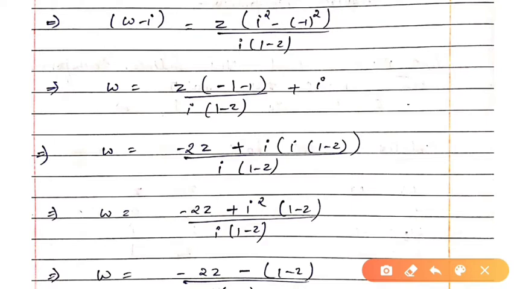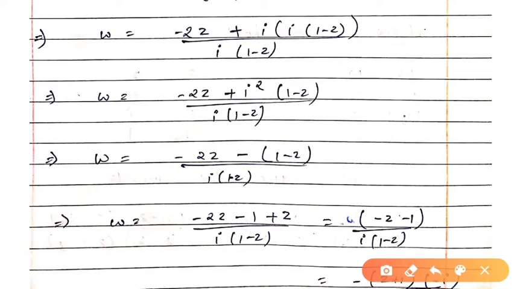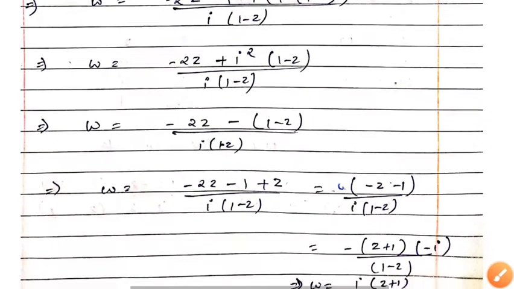Now this minus 1 will be minus 2, so I will multiply with z, I get minus 2z. Here I am taking LCM, so this portion will get multiplied with i. Again I will simplify this term, and denominator will be as it is. i into i will be i square, and i square is minus 1, so here I am putting minus sign. Now this minus i will multiply with this bracket, so minus 2z minus 1 plus z upon i into 1 minus z.